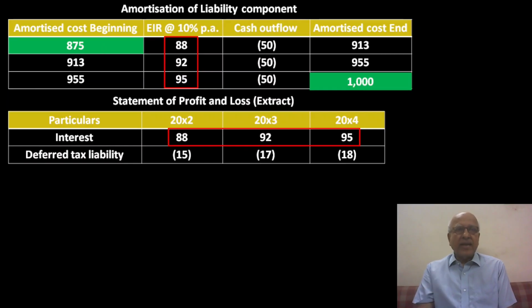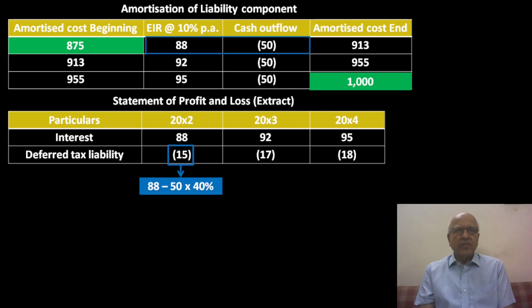Now, deferred tax liability has to be reversed because we have paid interest 50, but we are charging at 88. So, deferred tax liability, we have an opening balance of 50. 15 will be reversed. How do we get this? 88 is the interest charge, interest paid 50, 40% is 15.